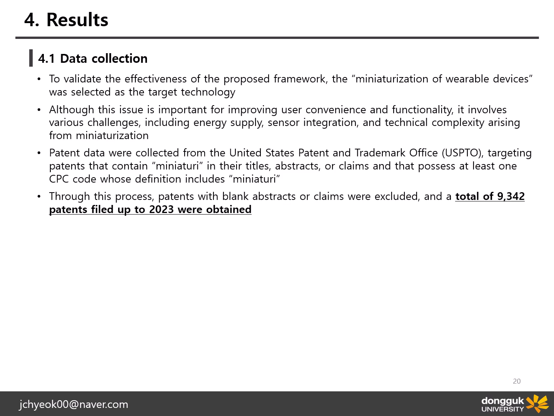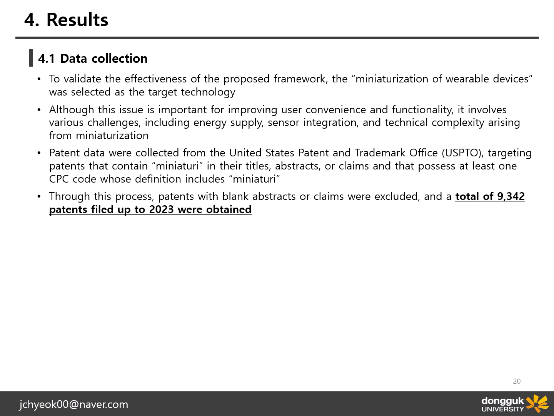This is the result. To validate the effectiveness of the proposed framework, this study selects wearable device miniaturization as the target technology. Patent data were collected from the USPTO, focusing on patents whose title, abstract, or claims contain the term miniature and certain relevant CPC classification criteria.